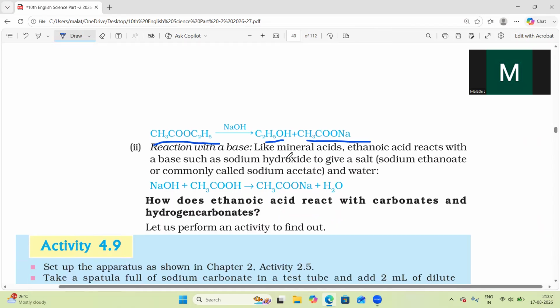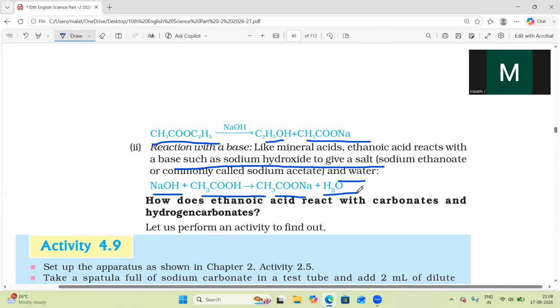Then reaction with a base, unlike mineral acids: ethanoic acid reacts with a base such as sodium hydroxide to give salt and water. So here NaOH reacts with ethanoic acid, and we get sodium acetate and water.